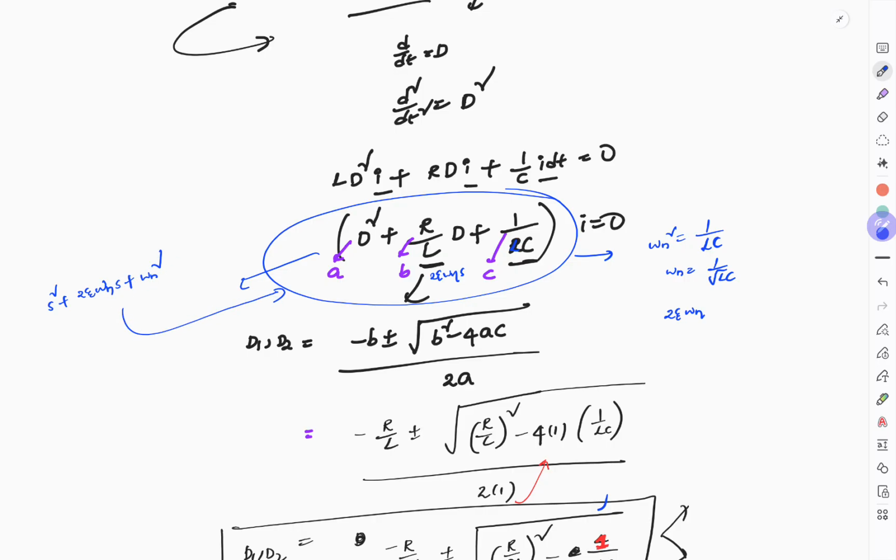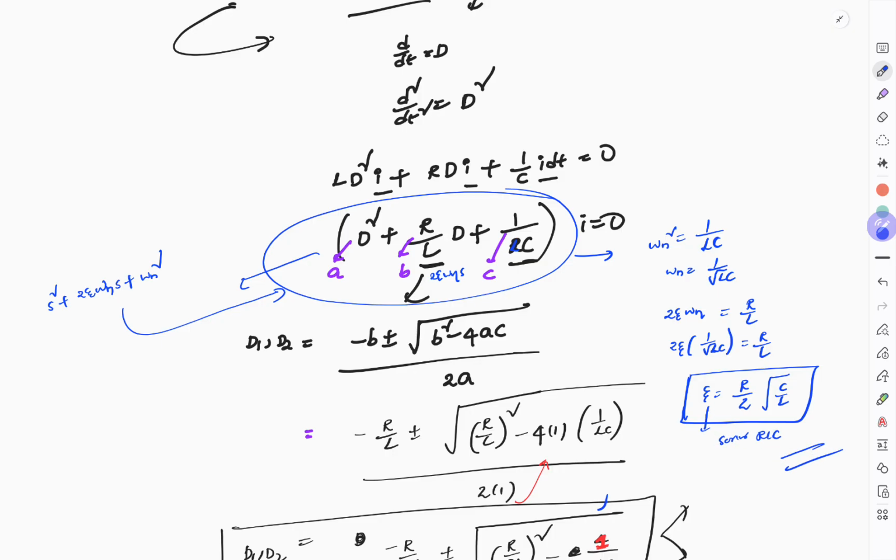Then 2 zeta omega n is equal to r by l. Substituting omega n, 1 by root LC equal to r by l, then the terms cancel, and finally zeta is equal to r by 2 root c by l. This is the final one. This is for series RLC.